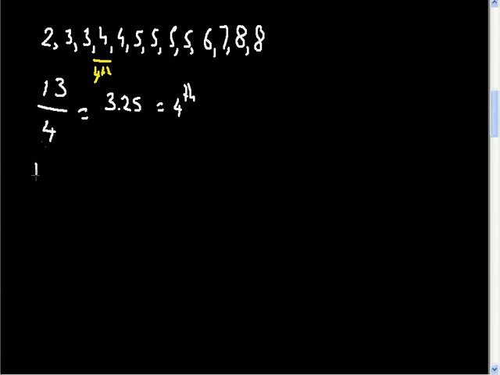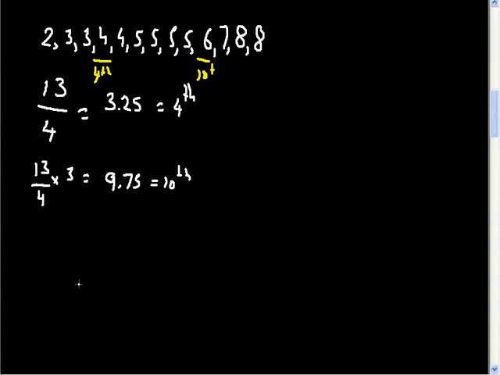Then for the upper quartile, you multiply 13 by 3/4. You get 9.75, which you round up to the 10th person. So 1, 2, 3, 4, 5, 6, 7, 8, 9, 10, which has the value 6.